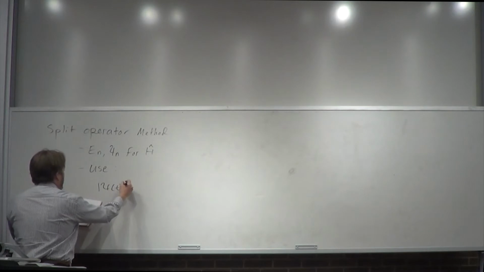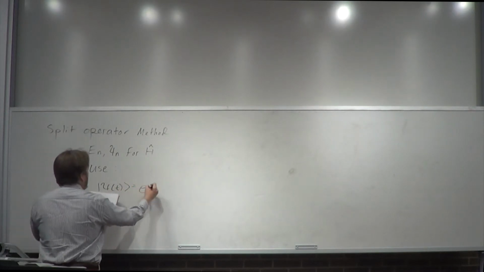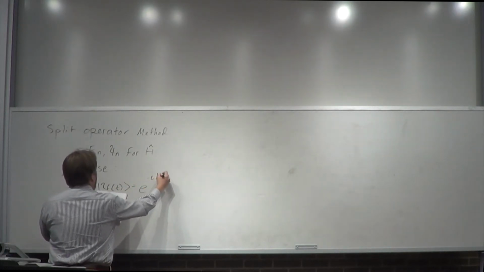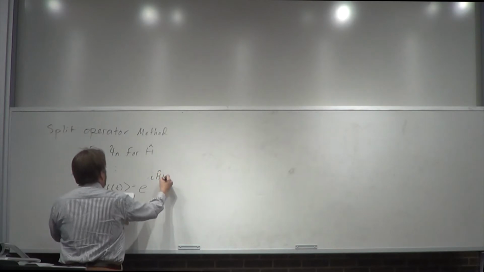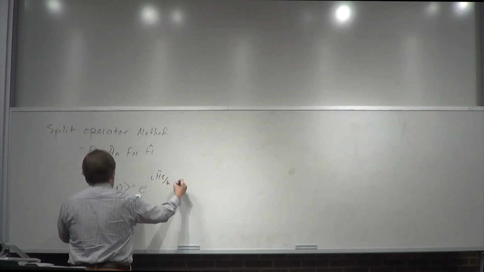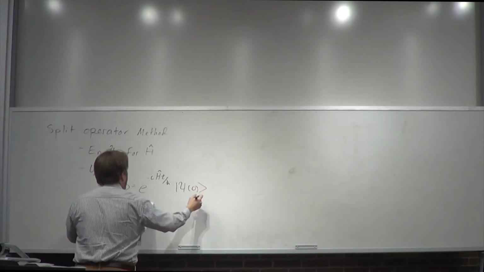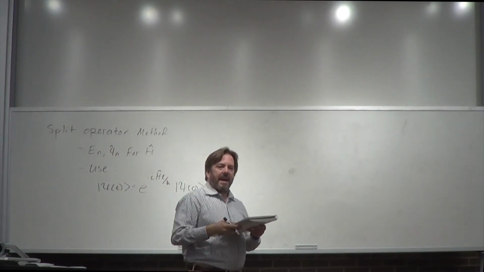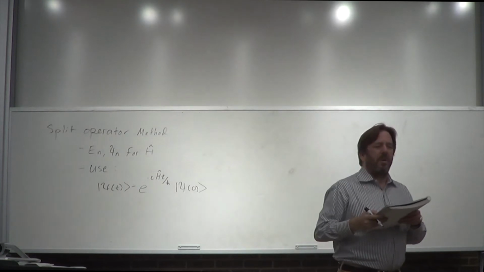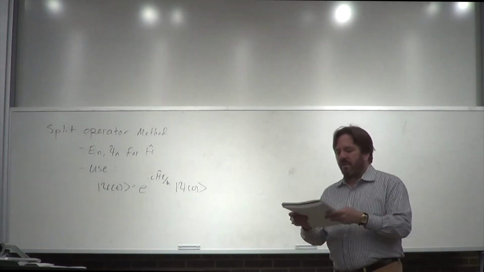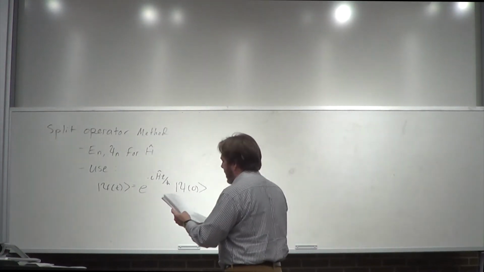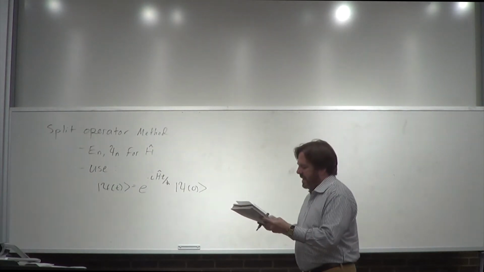So a state evolved in time. Of course, this is a time-independent Hamiltonian. And we'll just keep things along the x-axis. I will show you how to do 3D some other time, or maybe on the computer, or maybe in a handout.